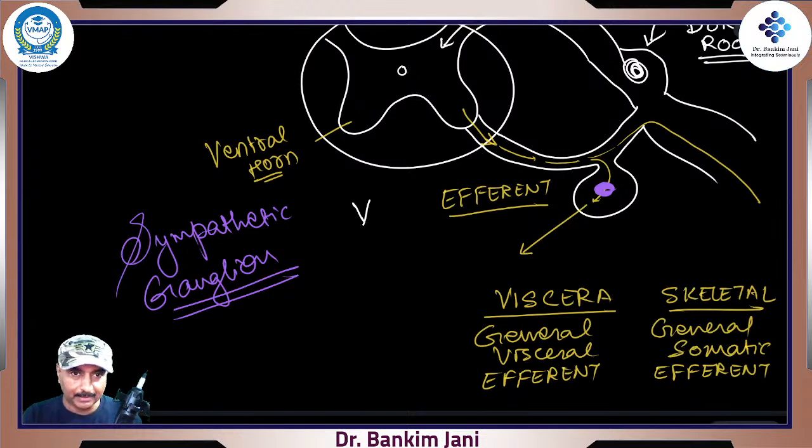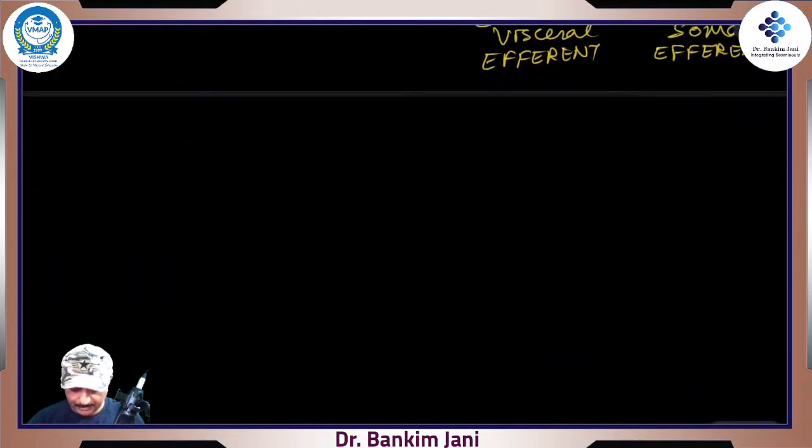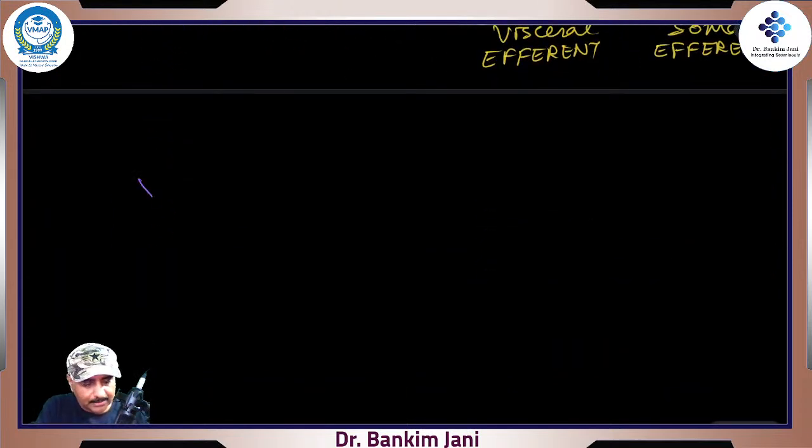Now, listen very carefully, the sympathetic ganglion is in the exit pathway. So here I'm drawing this, it comes here, and then the fibers are going out. Say this is the anterior horn.